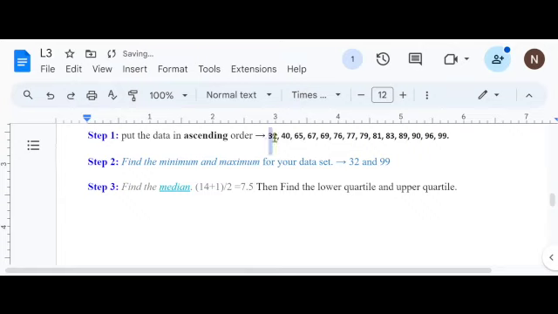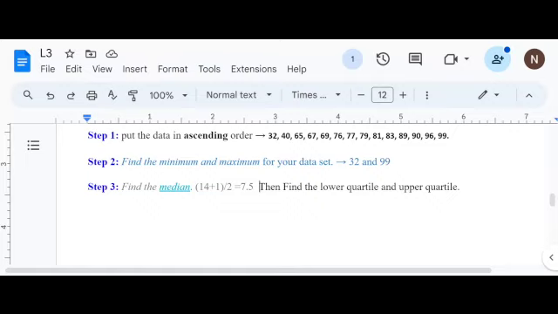So now you're going to count 1, 2, 3, 4, 5, 6, 7, and the number in the middle here is supposed to be what? The median. What do you expect the number in the middle here to be? 78. Yes.